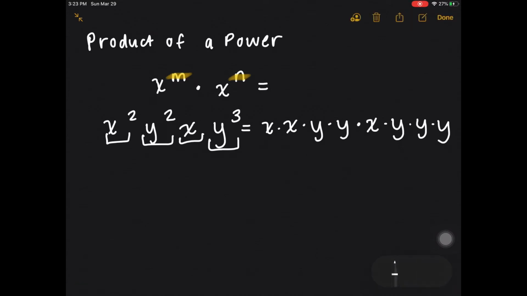So we know that this is the case because we pulled right from our exponents. We know that our x squared here is 2 x's. We know that our x to the first power here is our 1 x here. Then we also know that we have y. So we have y squared, shown right here, and we have y to the third, shown right here.